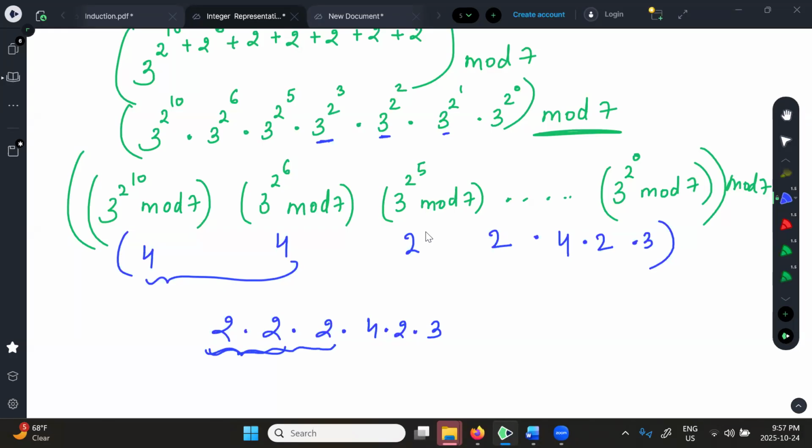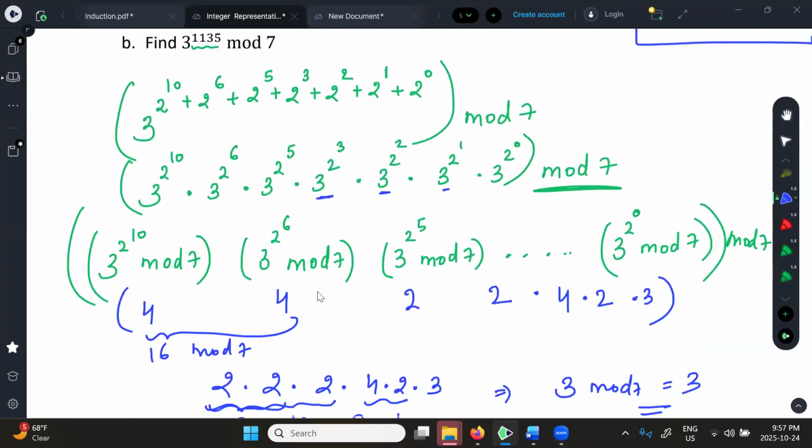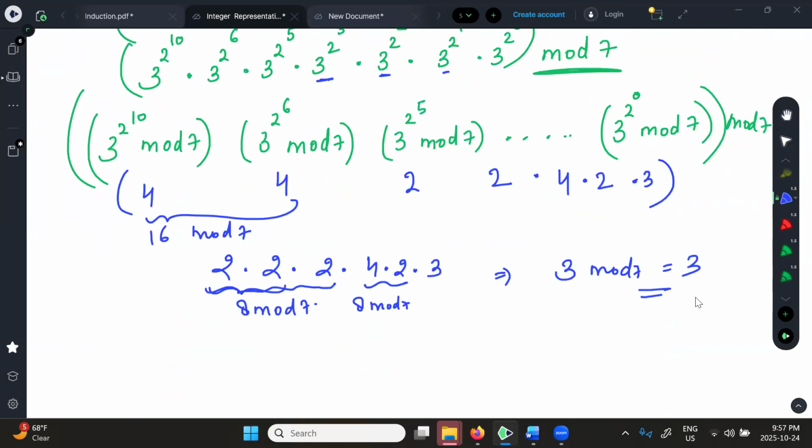This is 2 times 2 times 8. 4 squared mod 7 is 16 mod 7, which gives me 2. 2 times 2 times 2 is 8 mod 7, which is 1, right? So I've got 8 mod 7, which is 1. So I've got the final answer 3 mod 7. And this is so much fun, right? You started with this crazy number and you ended up with just 3.